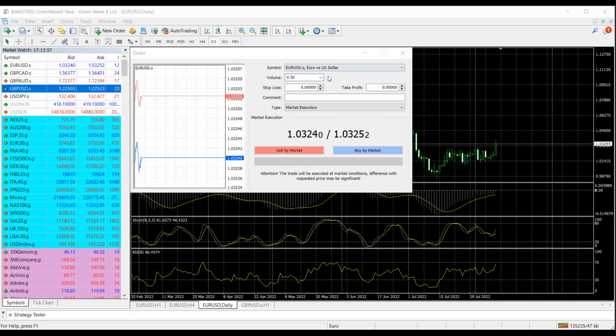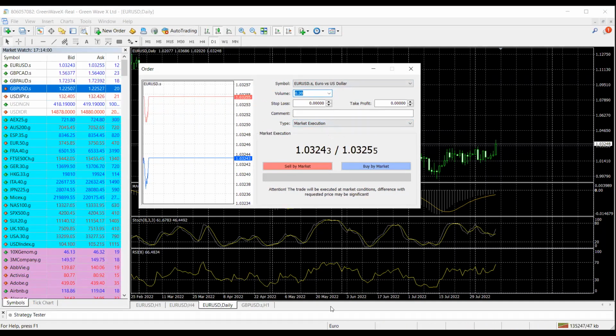There are two ways you can calculate the volume of your trade. It depends on how aggressive or conservative you want to be. But I always advise that as a starter, you don't need to go aggressive. You can go a bit conservative or moderate.